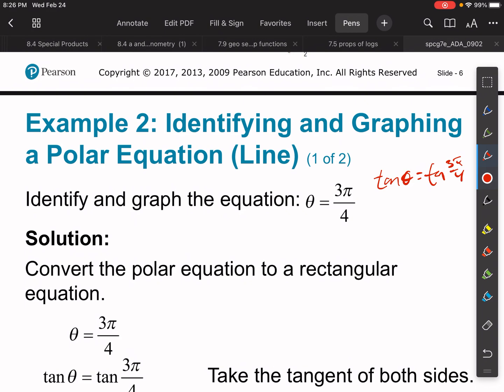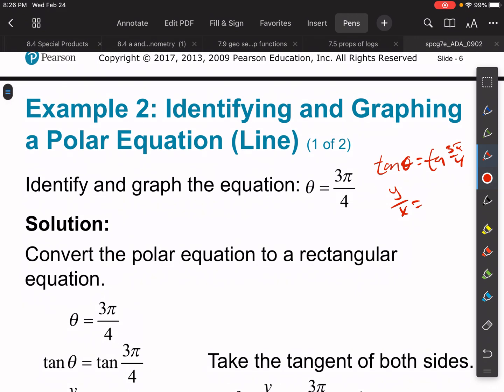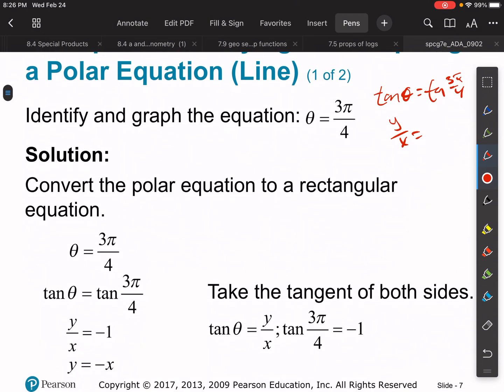And if I do this, I know that the tangent of theta is equivalent to y over x, right? Tangent of theta is equal to y over x. And the tangent of 3 pi over 4, that's 3/4 pi, which is over in this quadrant. We know that that is a slope of -1, therefore that's -1.